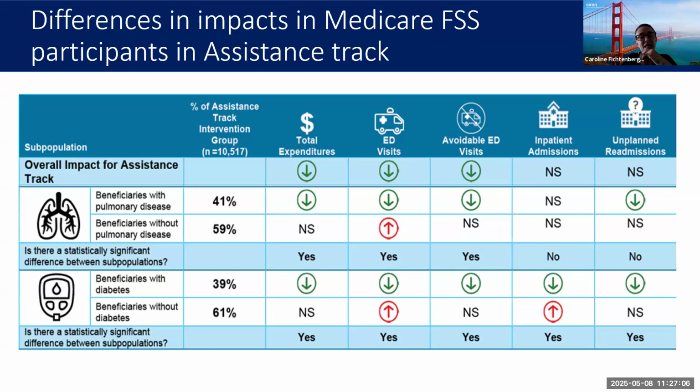So this suggests that, this is all the assistance track, but in Medicare fee-for-service, there was a bigger impact for individuals with pulmonary disease, and for beneficiaries with diabetes.